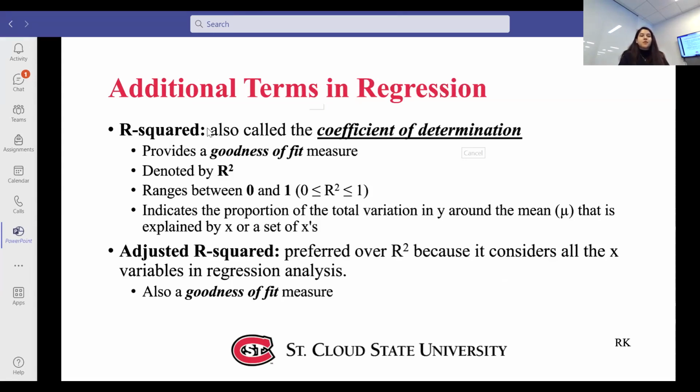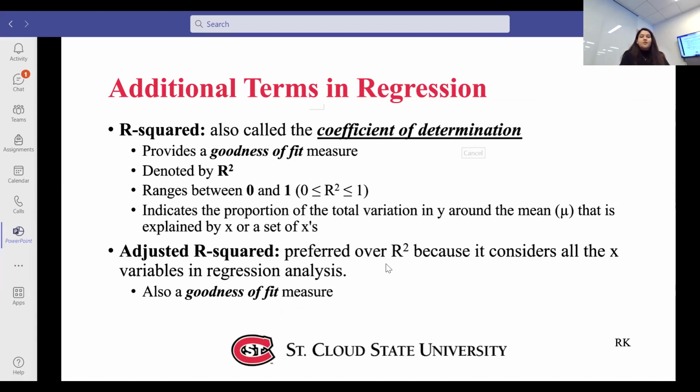Now we have some of the terms that we use in regression. One of them is R squared. It is a goodness of fit measure, denoted by R squared, and its value ranges between 0 and 1. R squared indicates the percentage of variation in the dependent variable that the independent variables explain. We also have adjusted R squared, which we use for multiple linear regression.